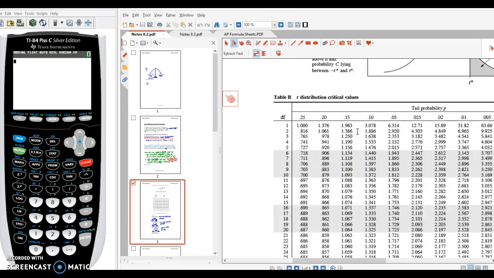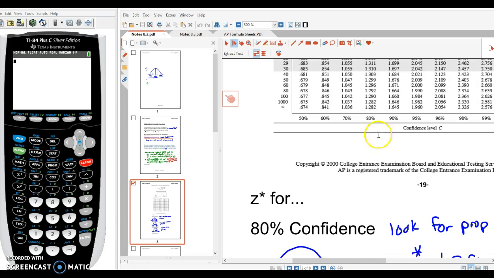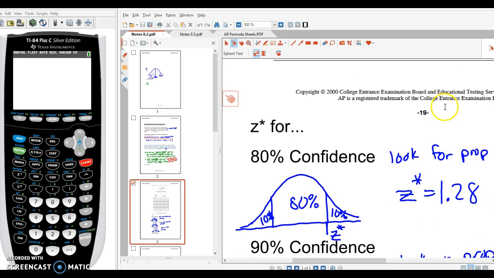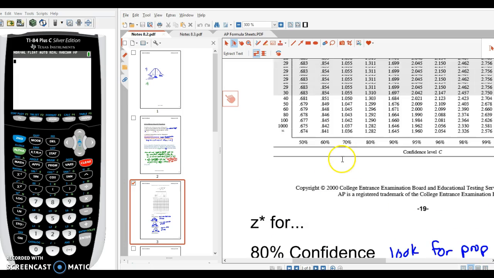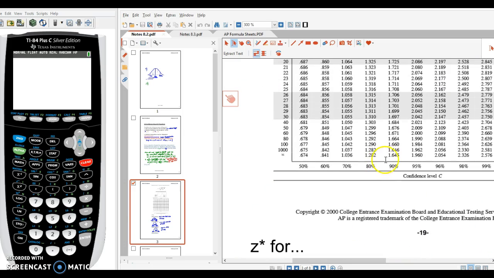So if I want a 95% confidence interval, the one that we talked about last time, notice that 95% is actually 1.96 deviations. So when we say 2 deviations for the empirical rule, that's just an estimate. So here are just some practice that we did. 80% confidence would be 1.28 or 1.282. 90% confidence is 1.645, and so on.